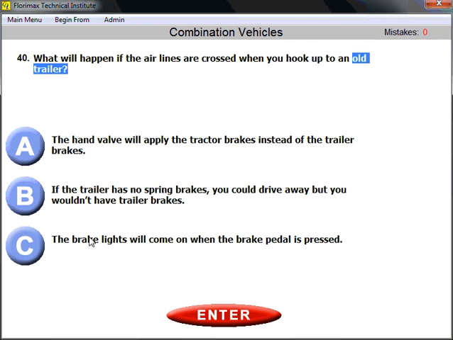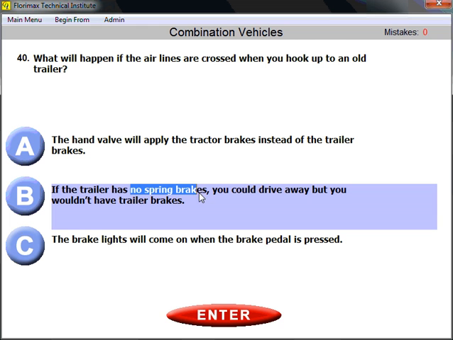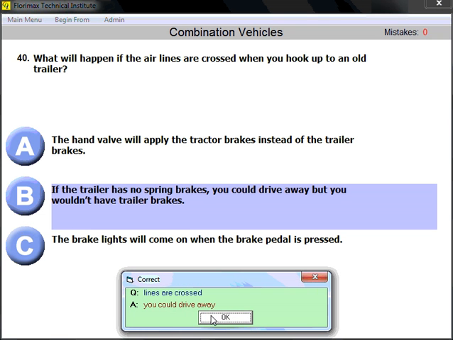So you probably would be able to drive away, but you wouldn't have trailer brakes. Old trailers do not have spring brakes. In this case, you could drive away, but you wouldn't have trailer brakes. Yes, you could drive away.